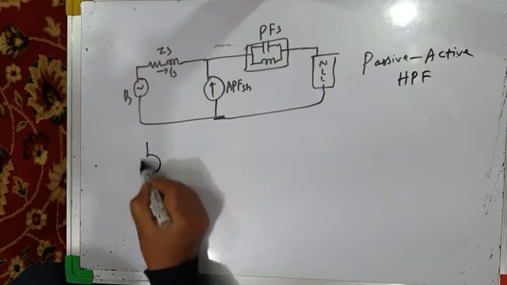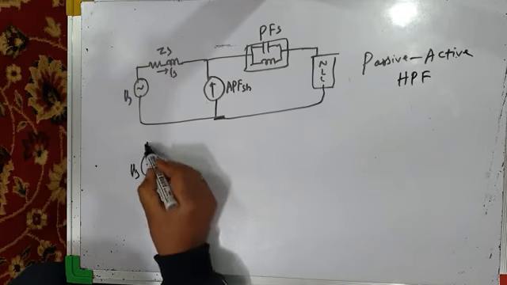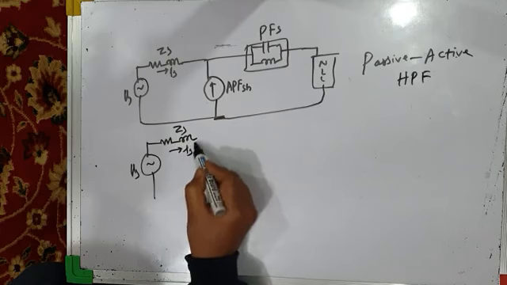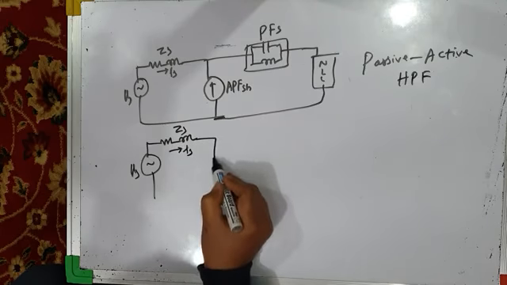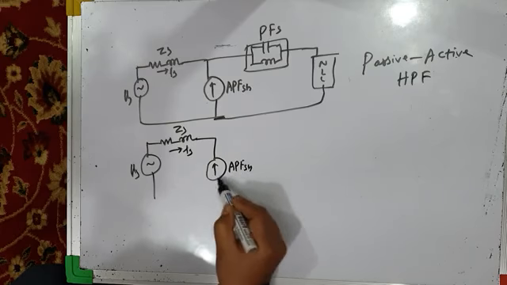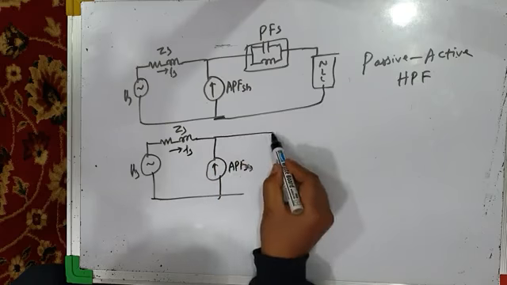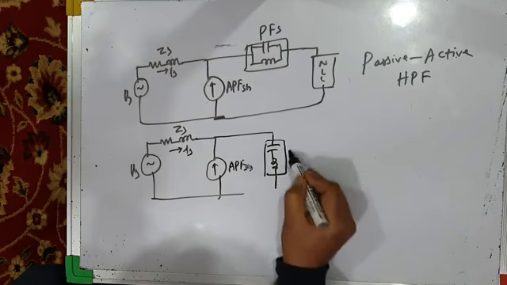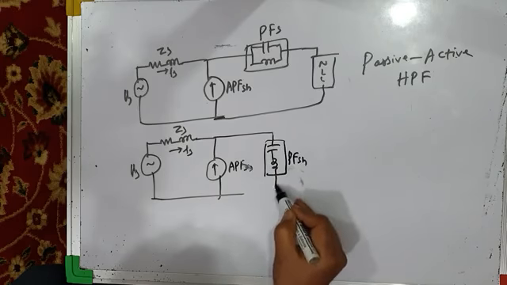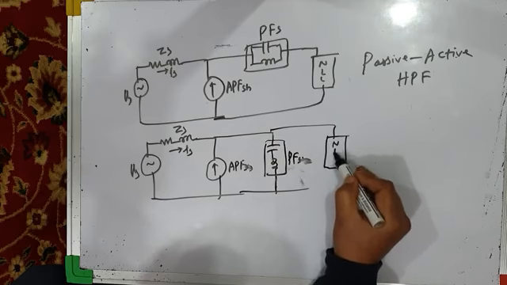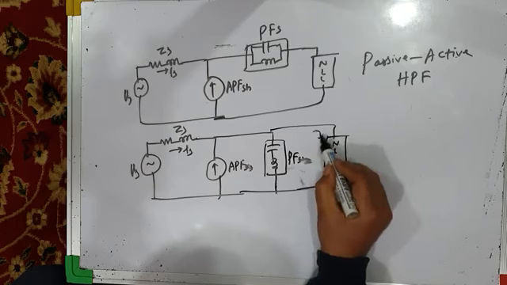Another type of topology may be like this. You may have a shunt active power filter, shunt, and you may have a shunt passive power filter also. This is the passive filter, this is also shunt, both are shunt. That means you are providing load compensation, load harmonics compensation, IL.